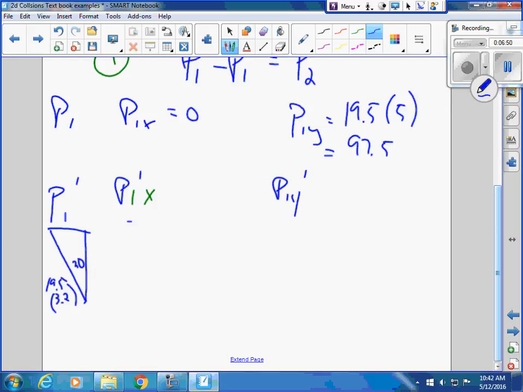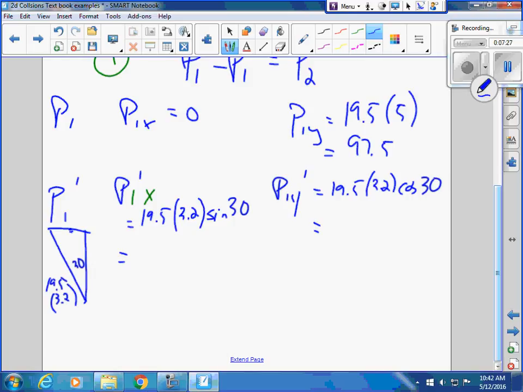So P1 prime x is rock 1, 19.5 times the velocity, 3.2. We want the x component. It's opposite, so it's sine 30. And the other one's going to be the adjacent: north 30 west, 19.5 times 3.2 times the cosine of 30.